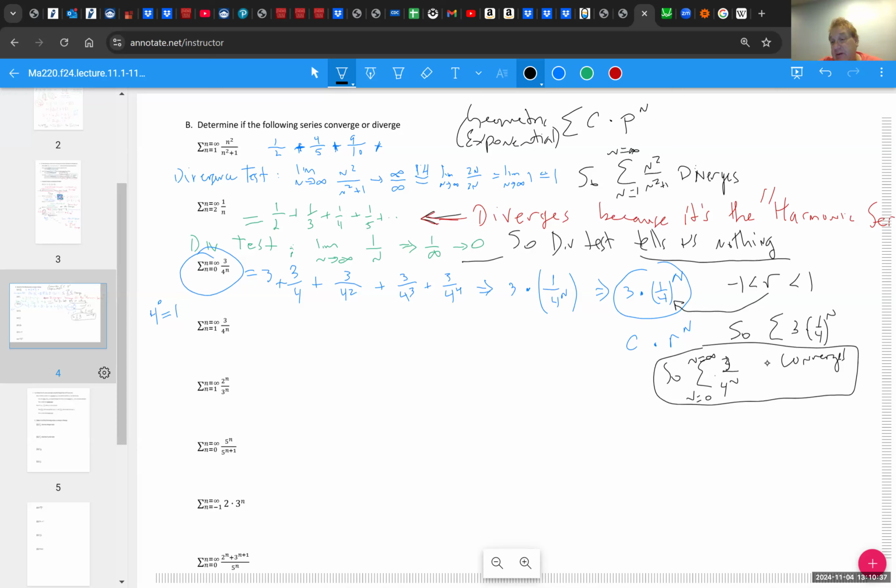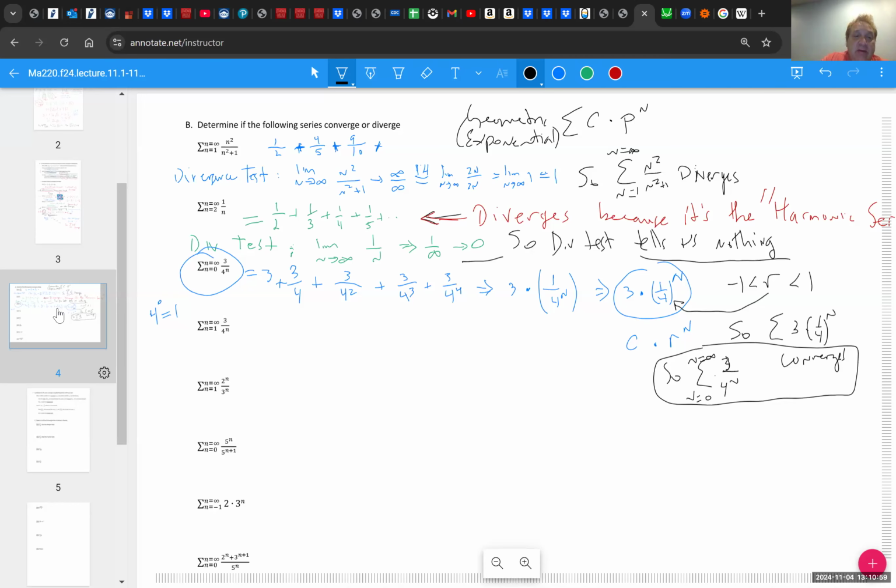And that, my friends, is the geometric test. If it looks like this kind of exponential thing, a number times a number raised to the n, and that base number is between -1 and 1, we immediately know that this series, this sum, is a single finite value. All right, it converges.